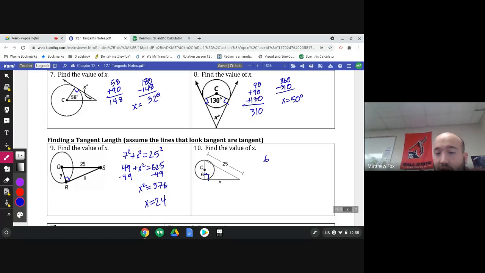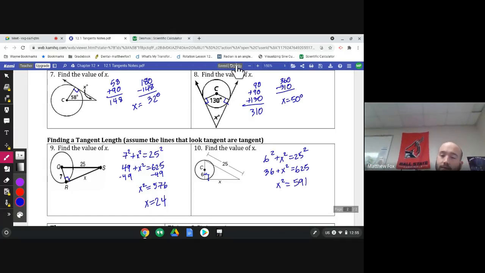In fact, some of the sides are the same. Even the 25 squared will still be 625. So when we subtract that 36, we have 591. Let's see, did I do that right? No, I did not. Sorry.